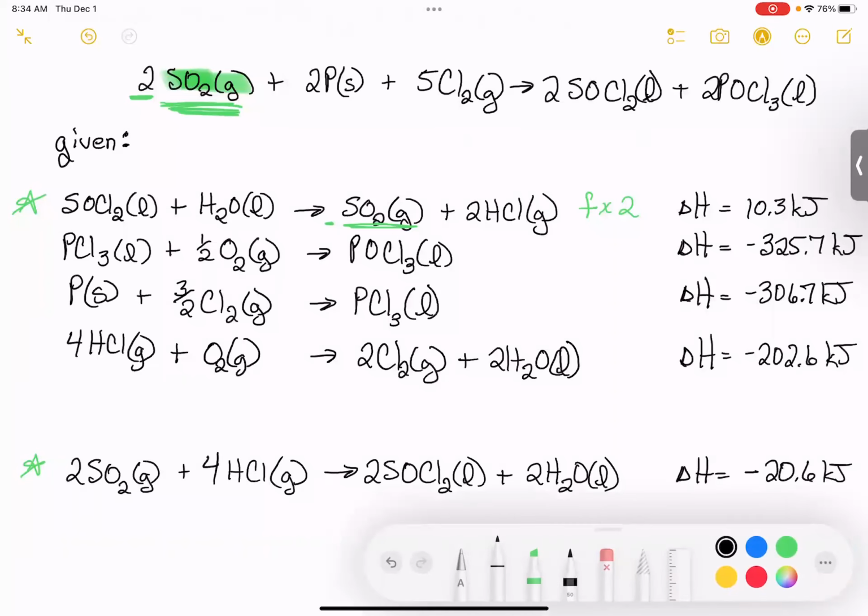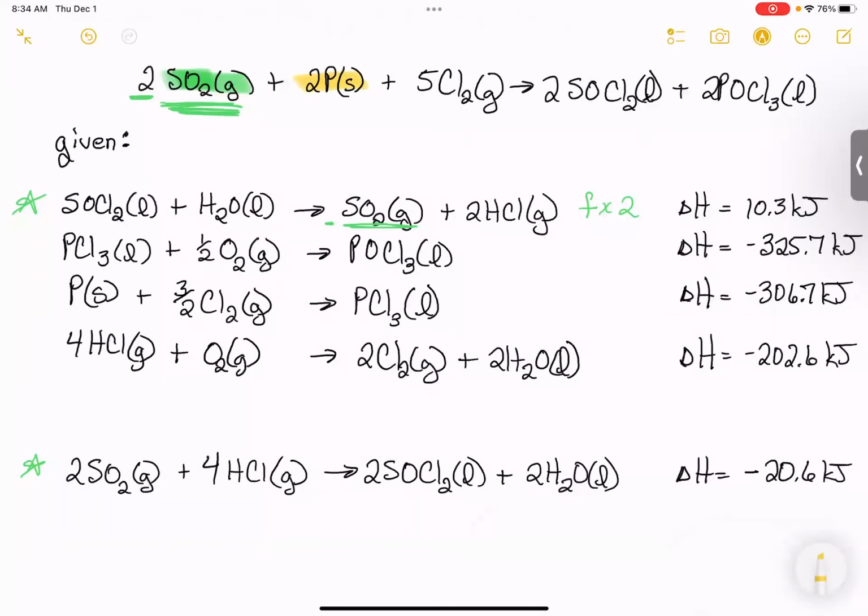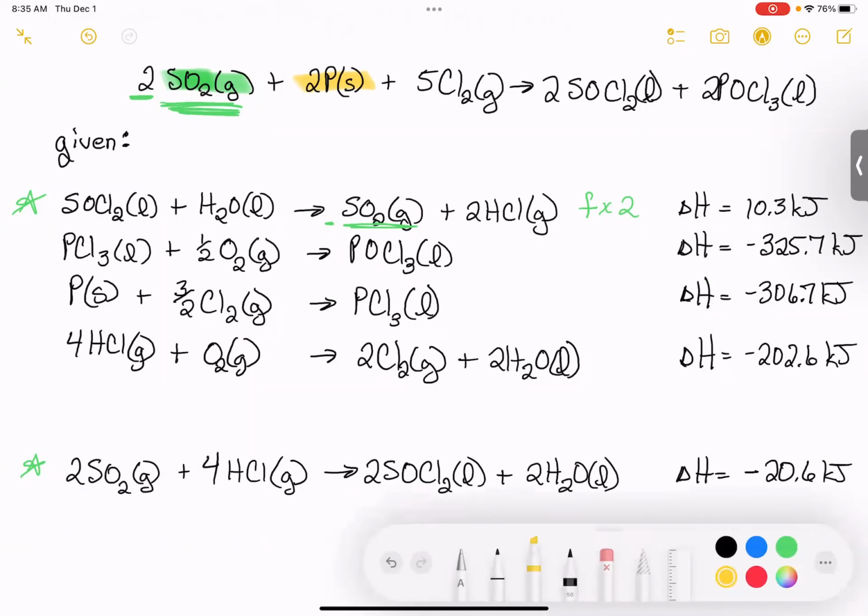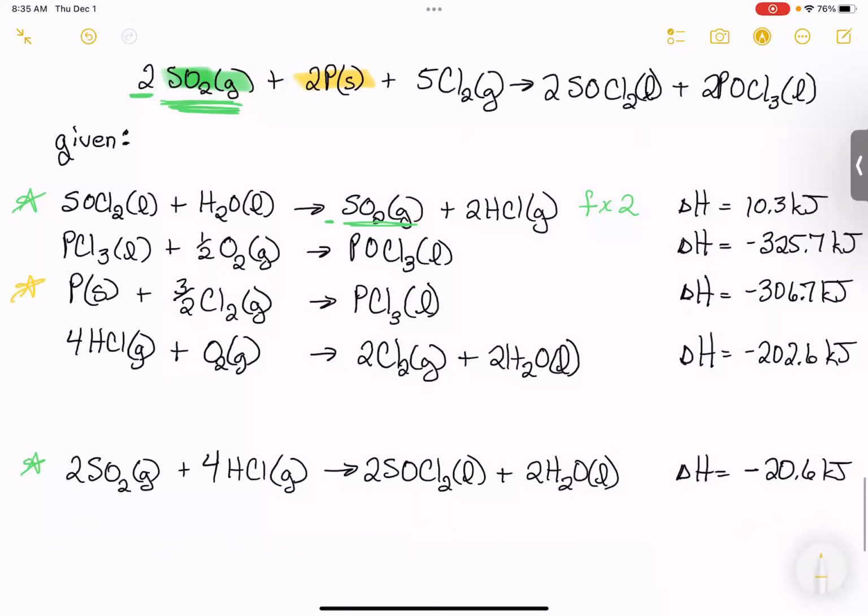Okay, so my next thing is I need phosphorus solid specifically. And looking through all of the equations, the only equation that has phosphorus in solid form is going to be the third equation.